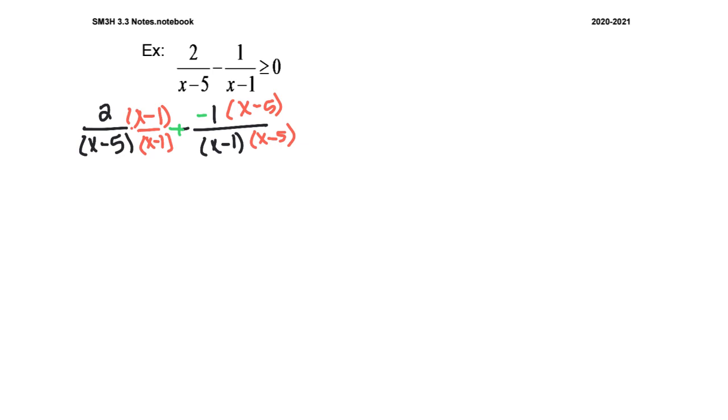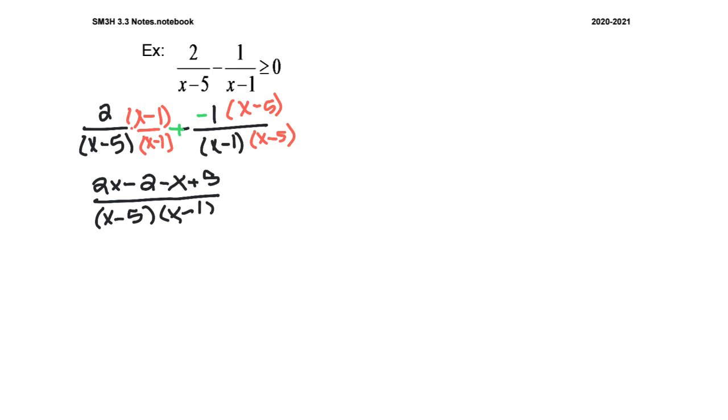So I'm going to distribute because I'm going to have to combine these numerators. I'm going to take the 2 and distribute it, so 2x minus 2. And then I'm subtracting x and then adding 5, and that's all over x minus 5, x minus 1.